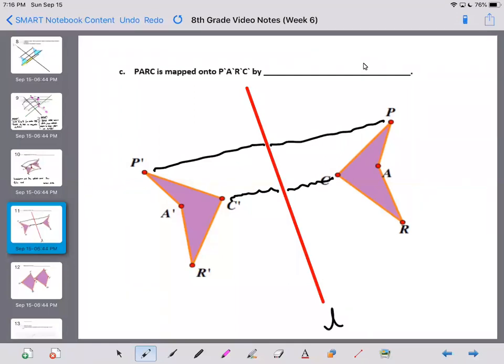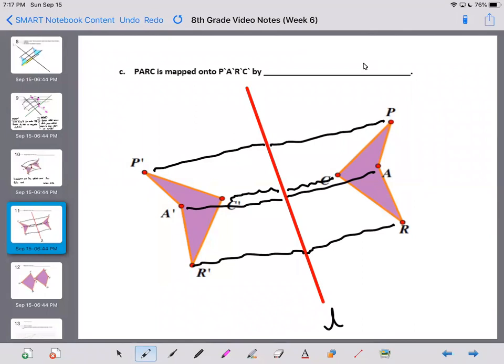Line L to A better be the same distance as line L to A prime. Line L to R better be the same distance from line L to R prime. So we could use a ruler to measure that halfway mark, and then I drew line L, and then we could reflect over line L.